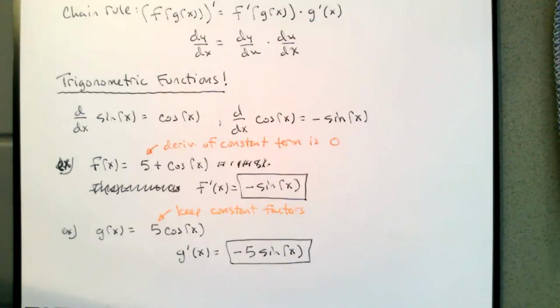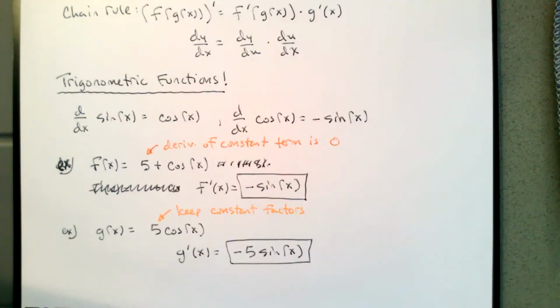Professor, I have a question. Uh-huh. So if instead of a 5, we have like, let's say x, so we would have like x times cosine of x, and then we would have to use product rule for that, right? So how come when it's a constant, we do not need to use the product rule? The derivative of a constant is equal to 0.